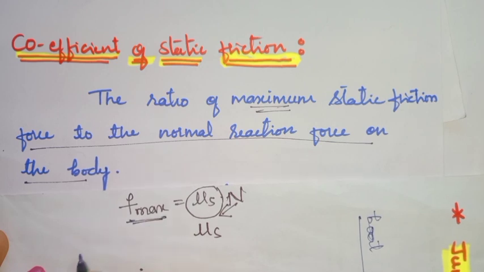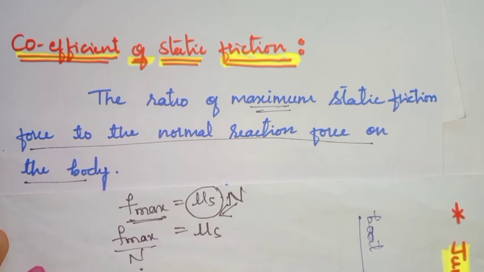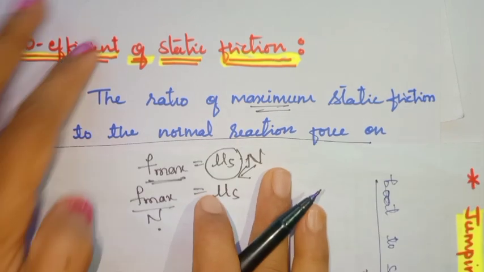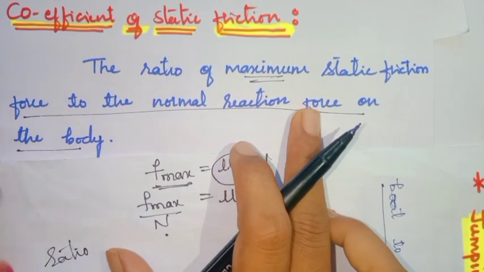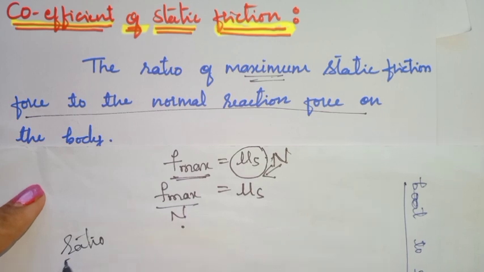Then mu S is equal to F max divided by N. Whenever we write in the form of numerator and denominator, we use the word ratio.